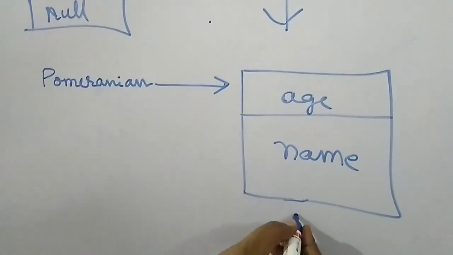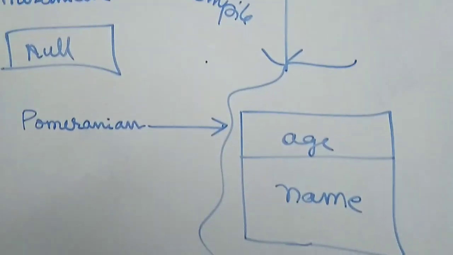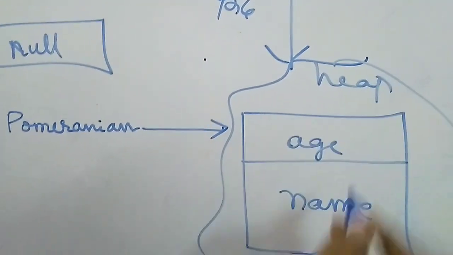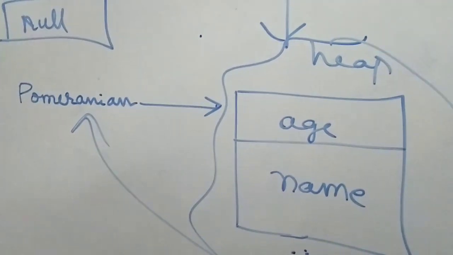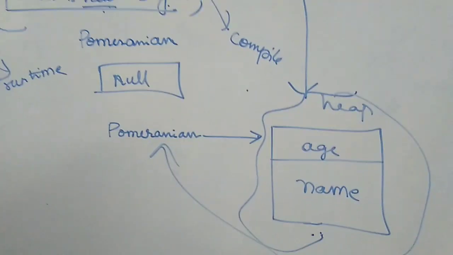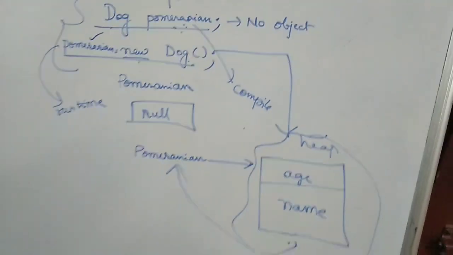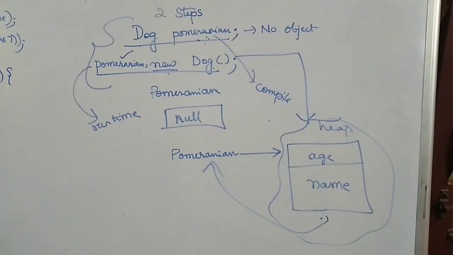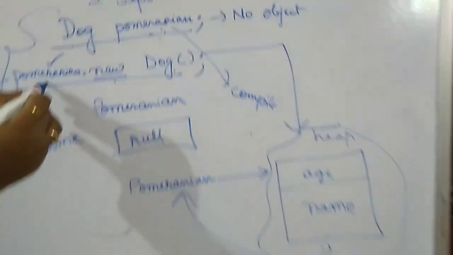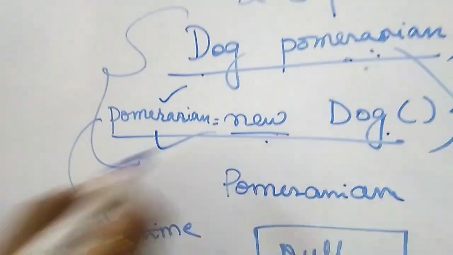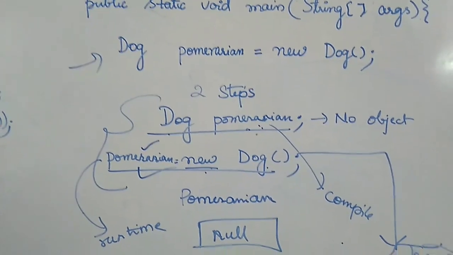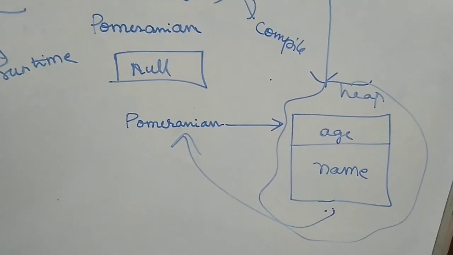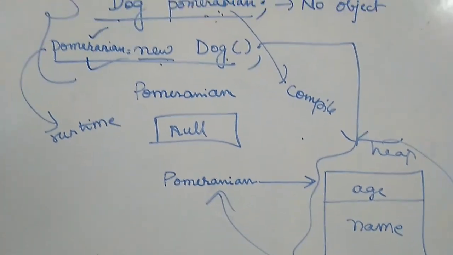This is my actual dog object, which is on heap, and there is some address to it, and this address is stored in Pomeranian. Now the real object is created during runtime, and you can use this Pomeranian wherever you want in your program. Like this you can create n number of objects. So this is how the objects are created, my friends.